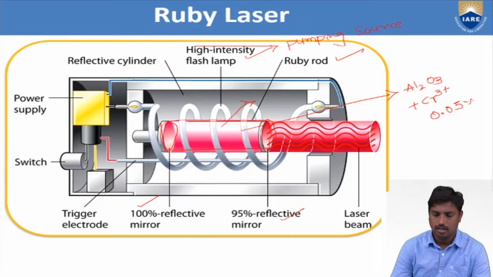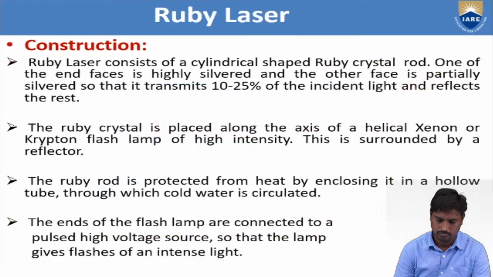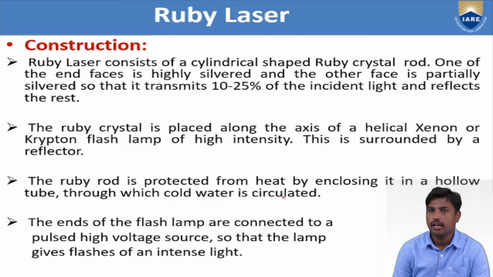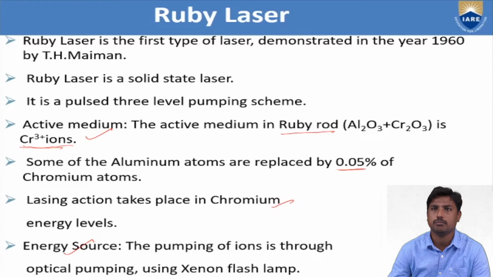So the ruby rod is protected from the heat by enclosing it in a hollow tube through which cold water is circulated. The ends of the flash lamp are connected to a pulsed high voltage source so that the lamp gives a flash of intense light. This is about the construction part.